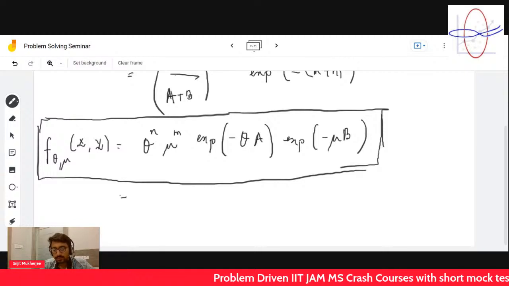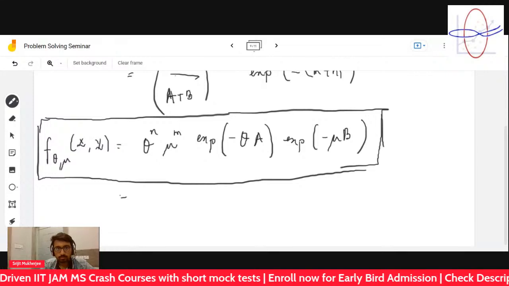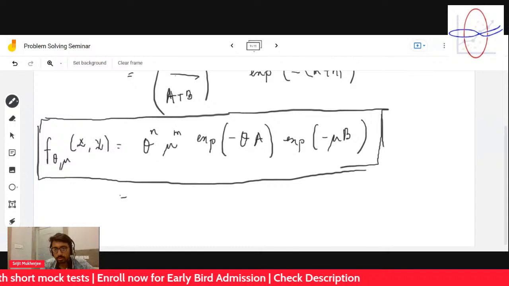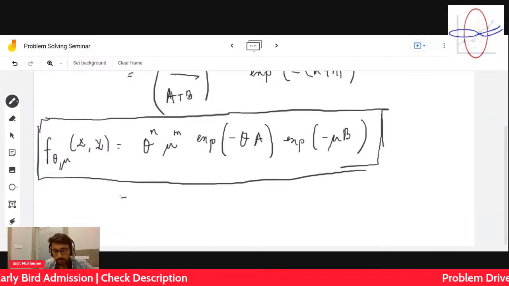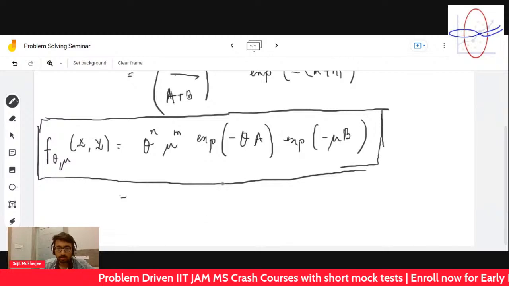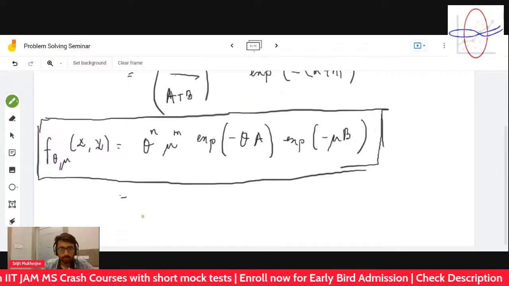Do you understand, Nikhil and Paulami? Paulami, did you understand? If you don't understand, please tell me. I've written it in terms of something that is required in the problem.